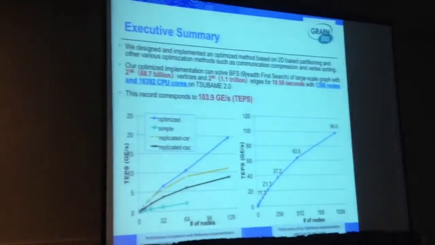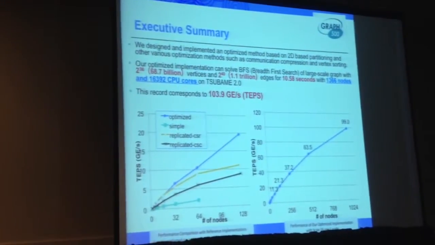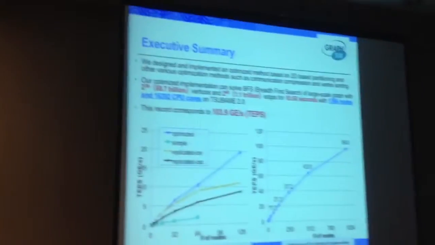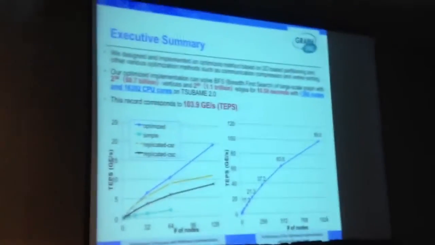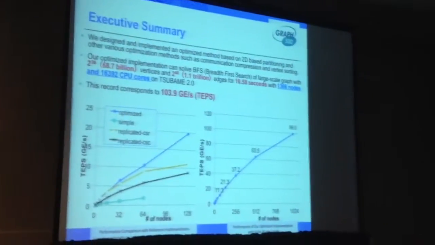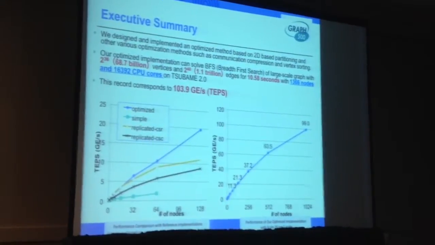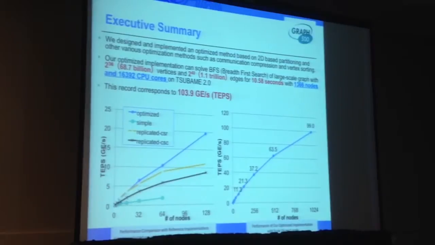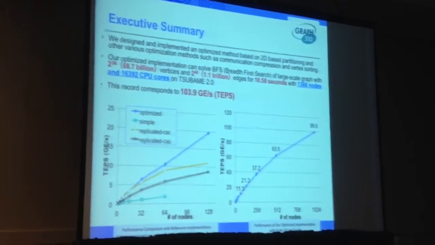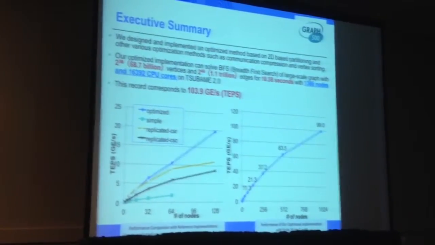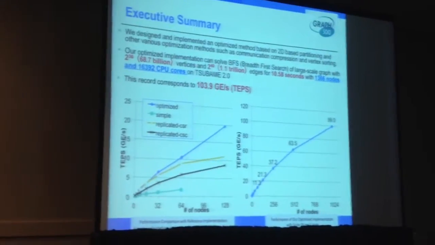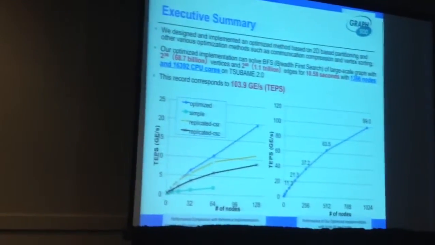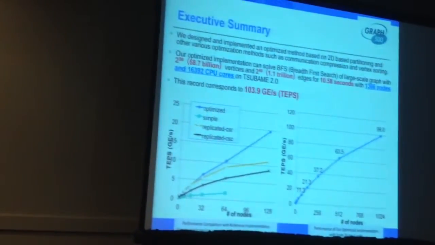My student Koji Ueno has contributed a lot to the implementation. As you may already know, there is a 2D-based partitioning method proposed by Andy Yoo at Lawrence Livermore National Lab, and our implementation is based on 2D partitioning.